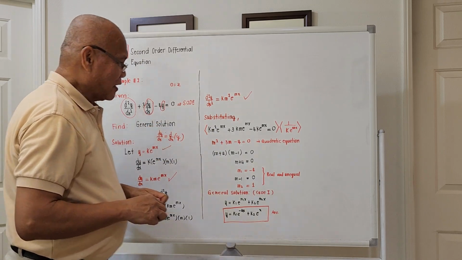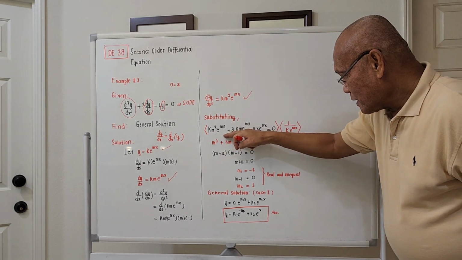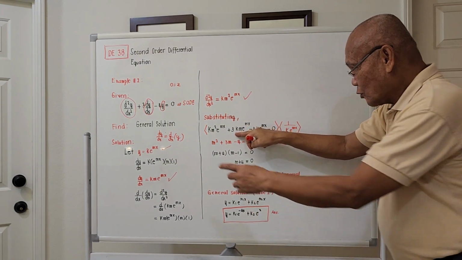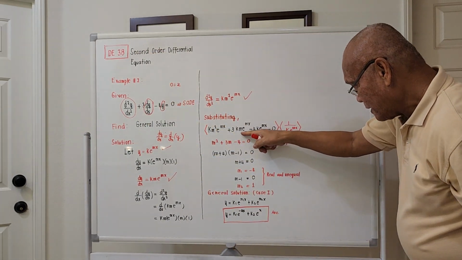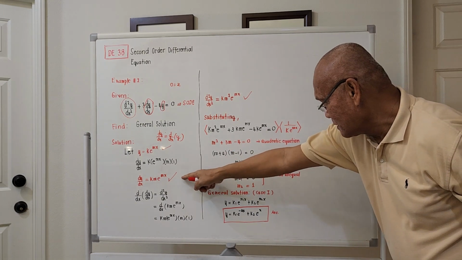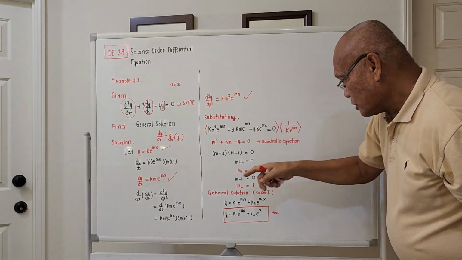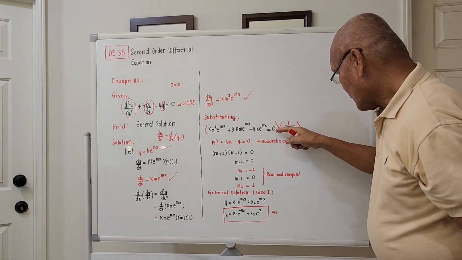So I place it here, guys. It will be km square e to the mx, it is this, plus 3, the coefficient is 3, times dy dx. dy dx is actually km e to the mx, it is this, minus 4 times y. But what is y? It is k e raised to mx equal to 0.